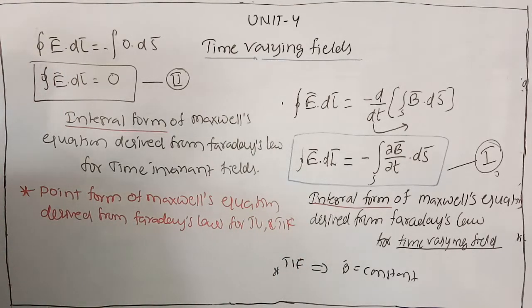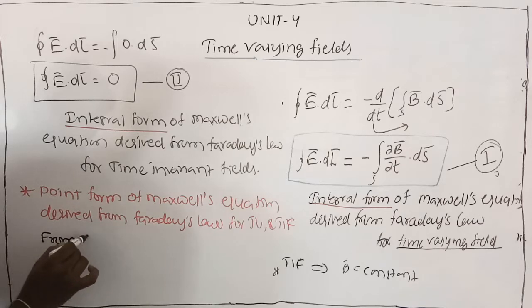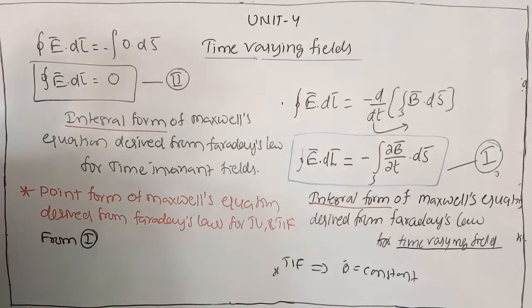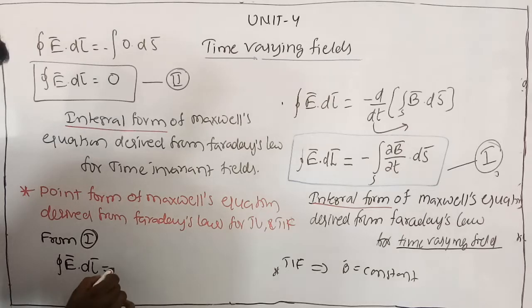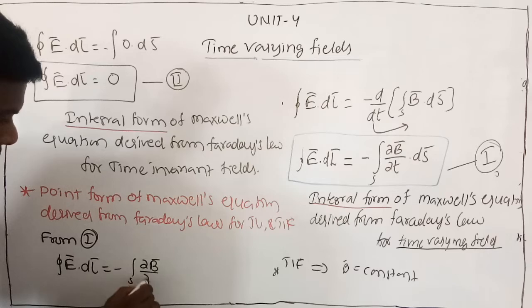Okay, now see, from the Roman letter 1 equation, what is that equation? That is E bar dot dl bar is equal to minus the surface integration of dou B bar by dou t dot ds bar.